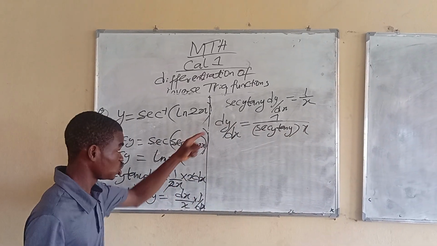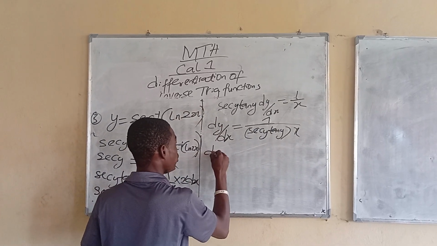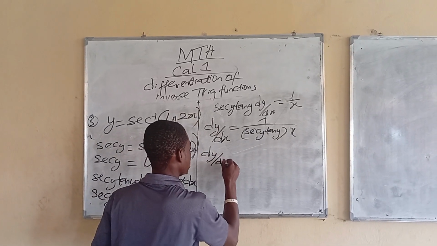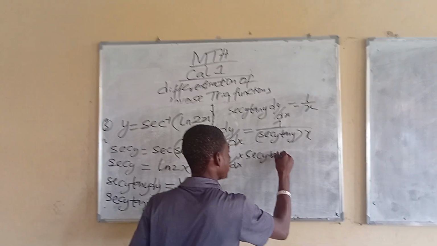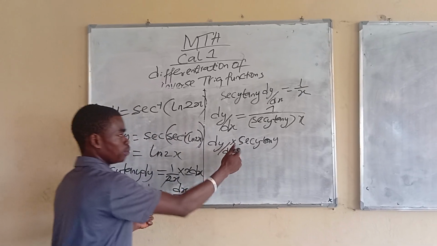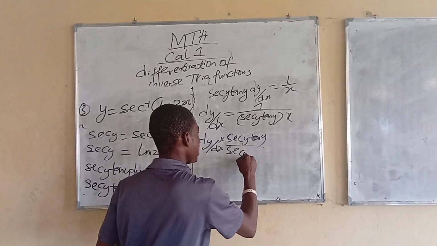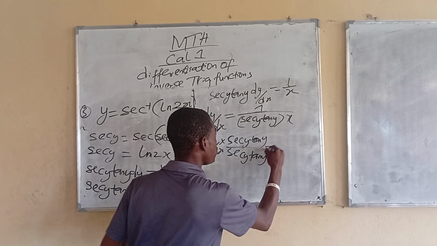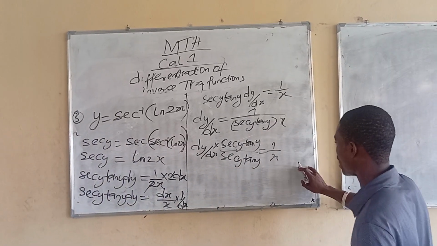Okay, look at this in case you are confused. Now, dy over dx times sec y tan y. If you want to eliminate this sec y tan y, you are going to multiply it with 1 over sec y tan y, right? That will be sec y tan y equals to 1 over x. Then the same thing applies here.